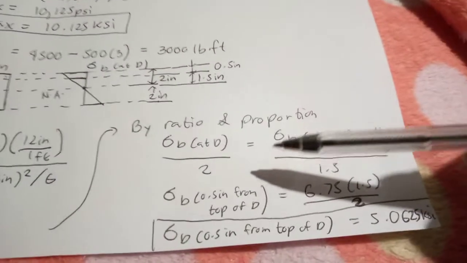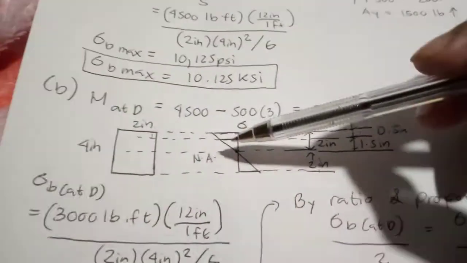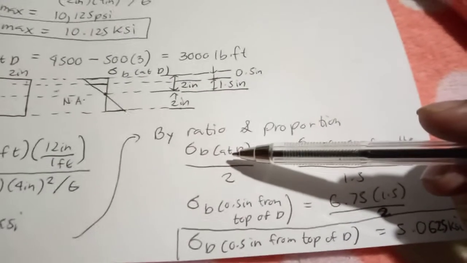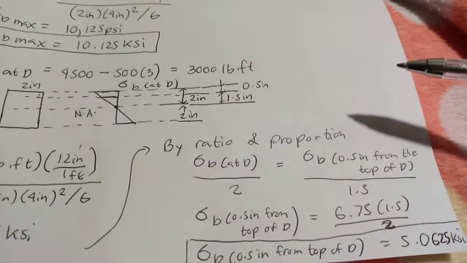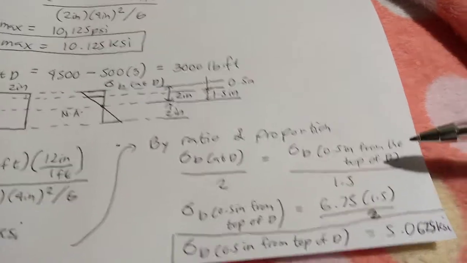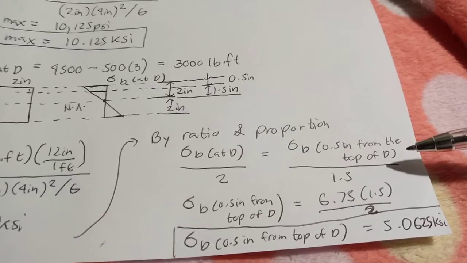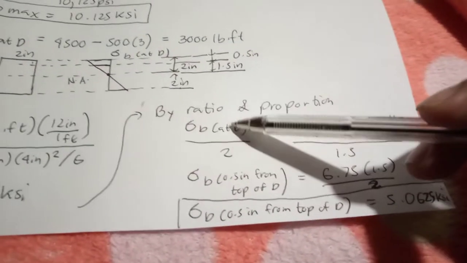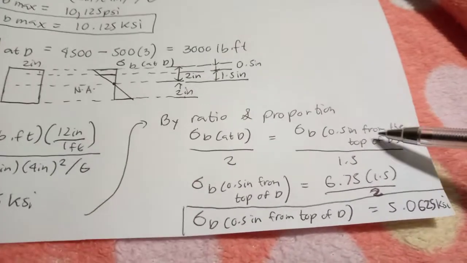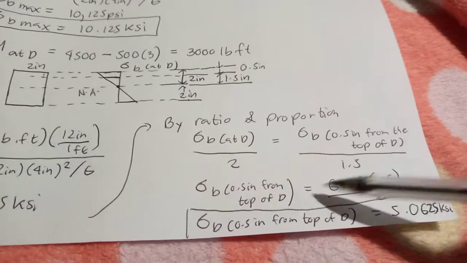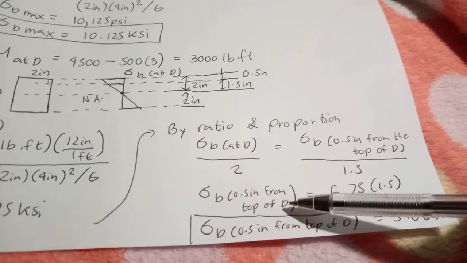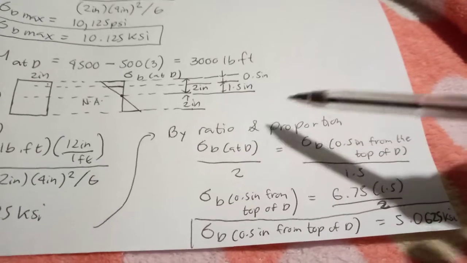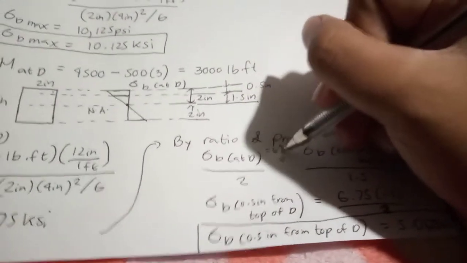So we will have a ratio and proportion by similar triangles. Bending stress at D over 2 is equal to the bending stress 0.5 inch from the top of D over 1.5. We know this is 6.75.